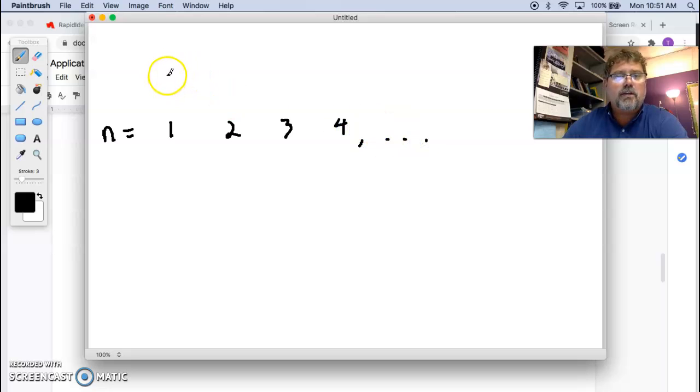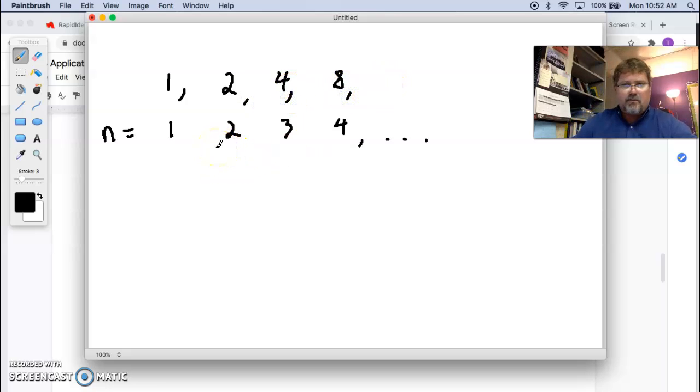Well, we know on day 1 he gets 1 piece of candy. Day 2, 2. Then he starts to double it. You get 4, and then 8 is doubling 4, and these are the terms of our sequence. Now, if we weren't real sure about this, I might ask, is this arithmetic?